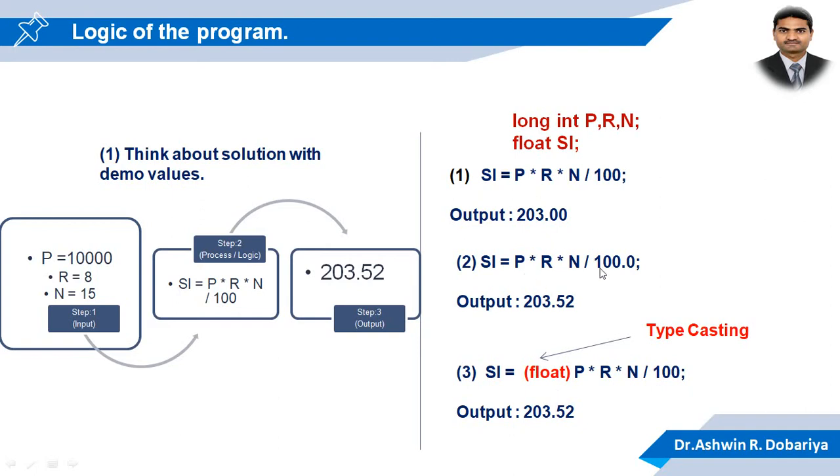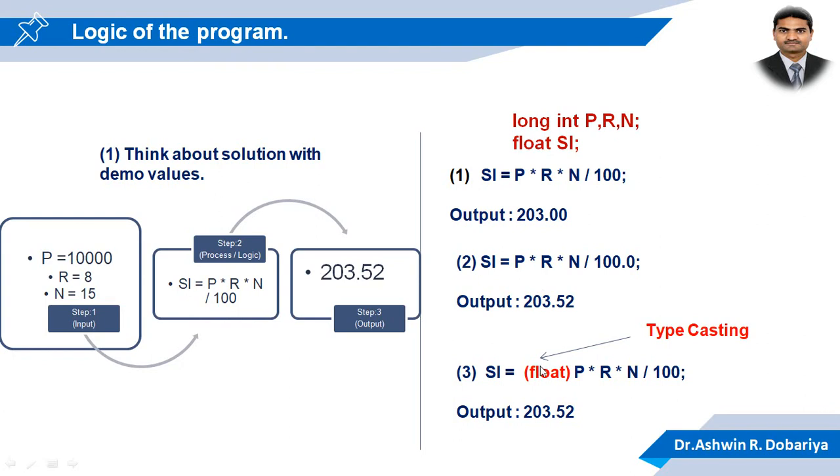So this statement and that statement both give a similar answer, right? Here float means we have mentioned an explicit typecasting. This is known as explicit typecasting, and the other is known as implicit typecasting. Now what do you mean by explicit and implicit typecasting? That we'll discuss in a separate video, right?